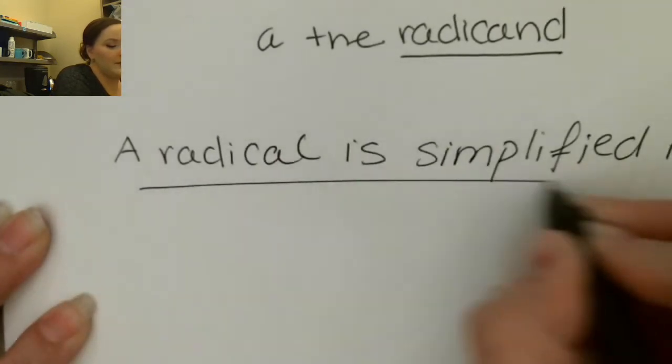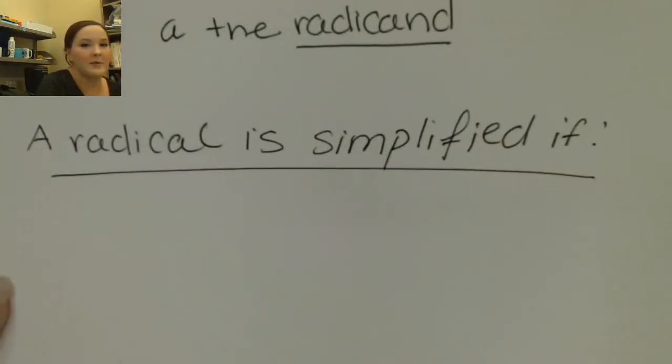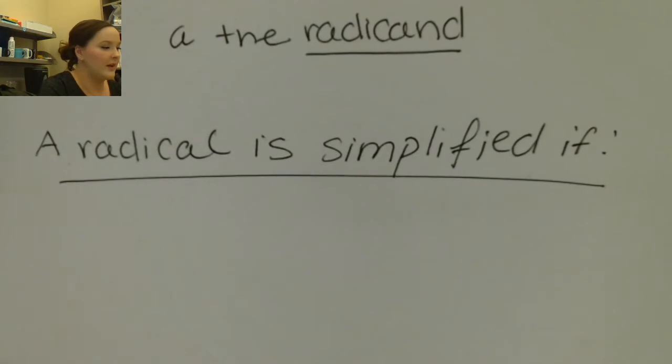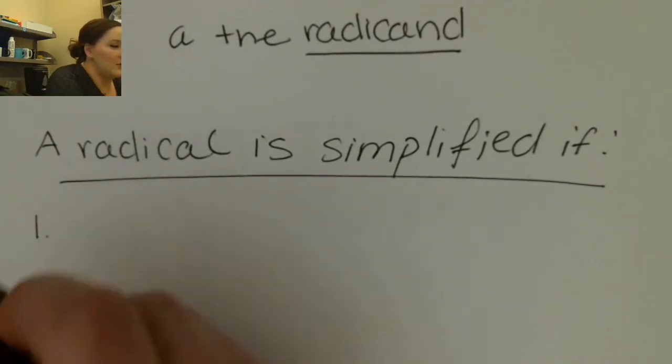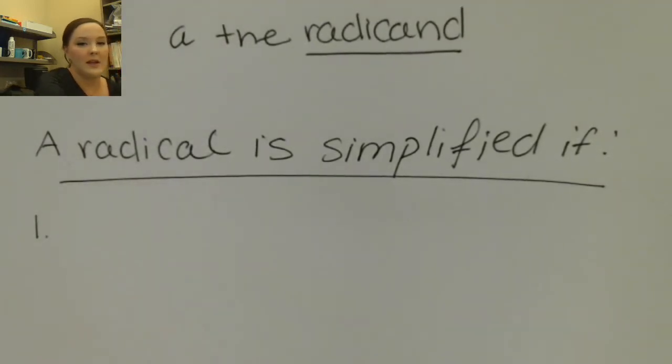Let's talk about the things that would make a radical simplified. The first thing, and this is what you see the most with square roots, is that you don't want any factors inside the radicand that could be rooted.